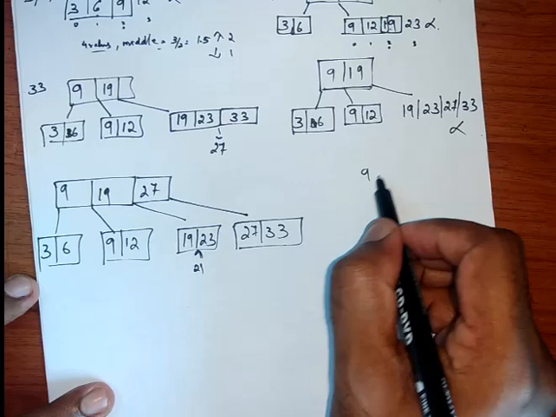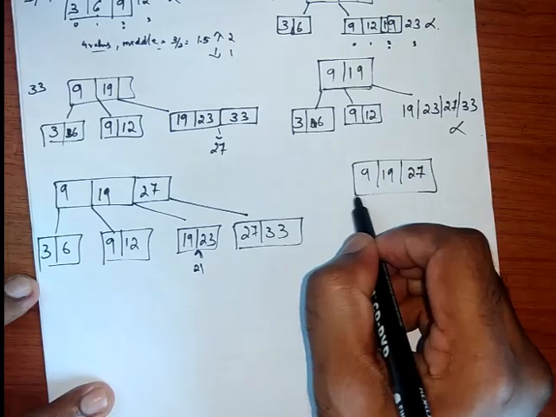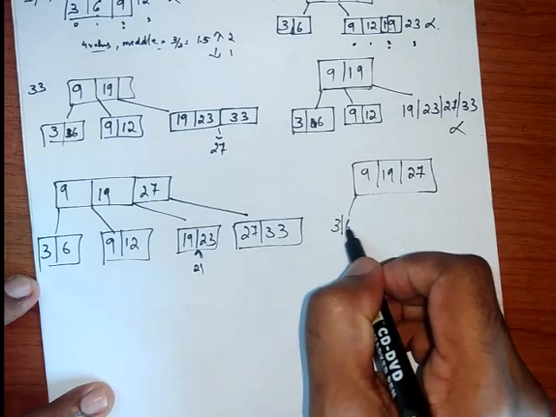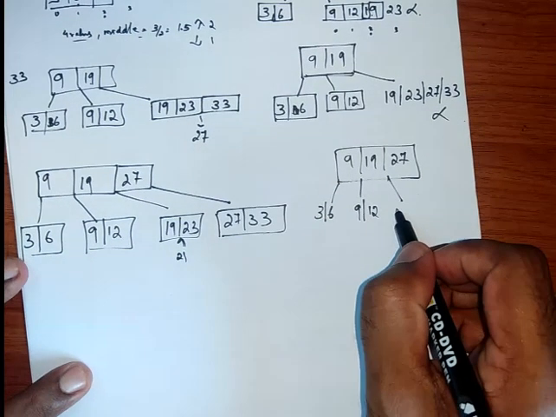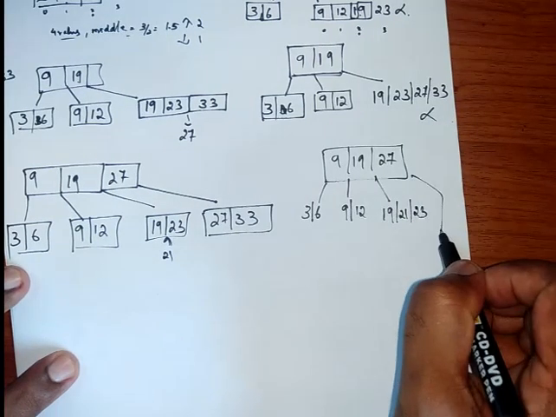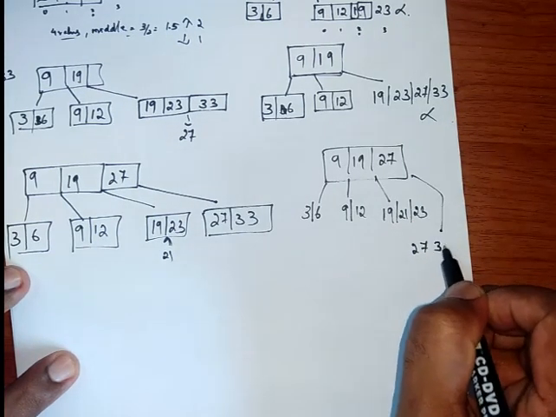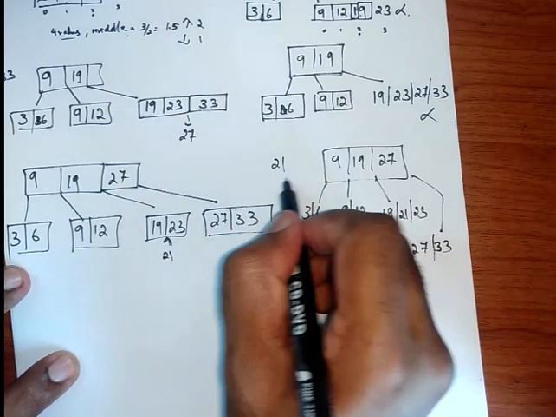So in the subtree between 19 and 27, you will reach 19, 23, and 21 will be placed in the middle of 19 and 23. So 19, then comes 21, then comes 23, and the remaining nodes. There is no restriction, so you have to draw the tree completely with the square brackets.